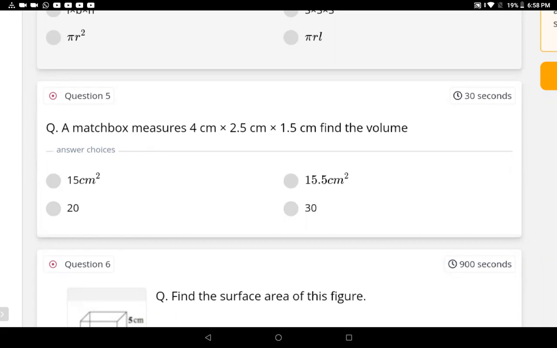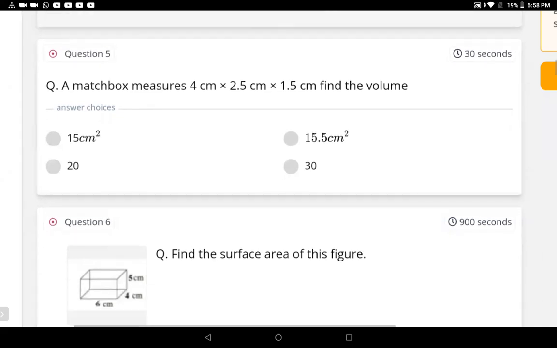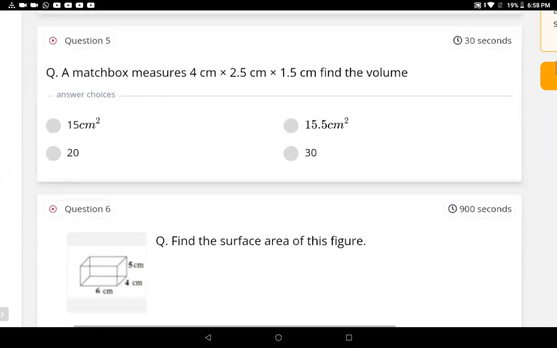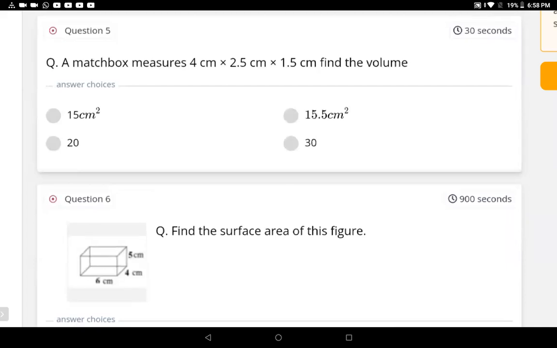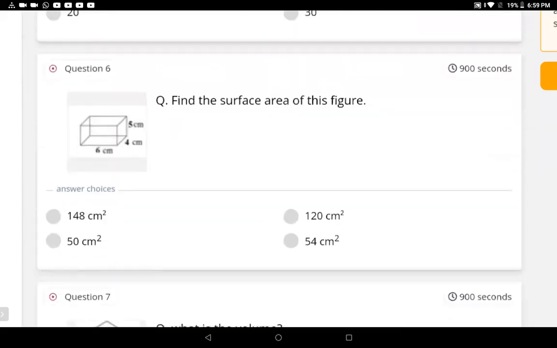Which option is correct here, Sahu? Option A, ma'am, 15 centimeters square, because 25 fours are 100 as a decimal.